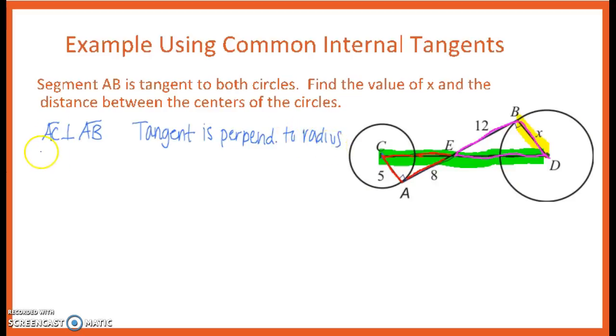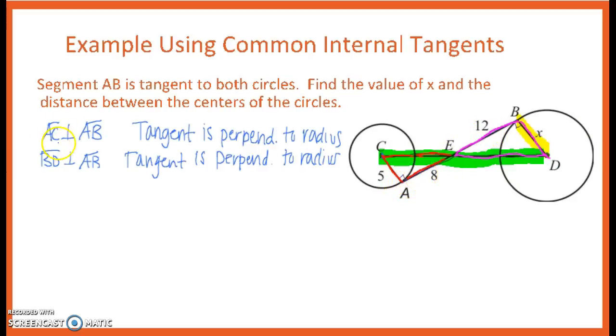We also see that segment BD is perpendicular to segment AB for the same reason. A tangent is perpendicular to a radius. So BD is over here, and it's perpendicular to that same common internal tangent.